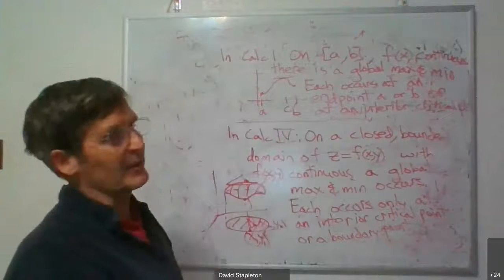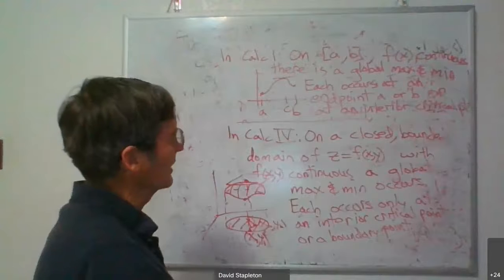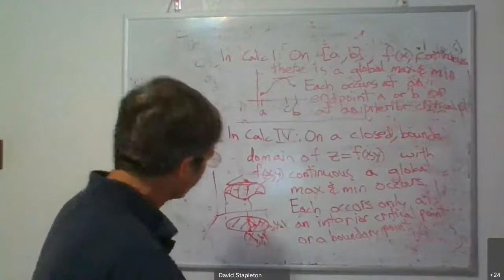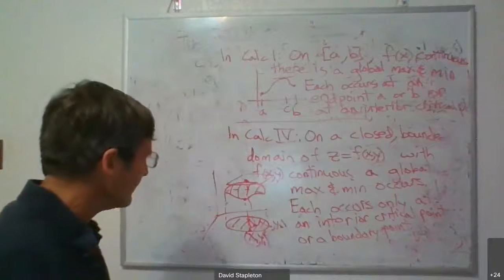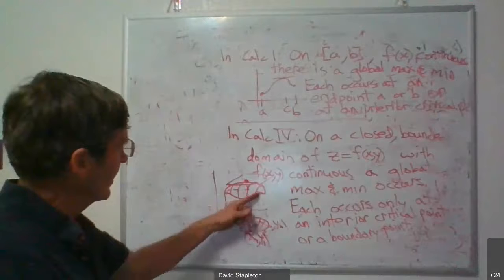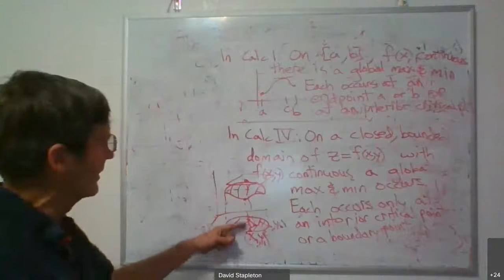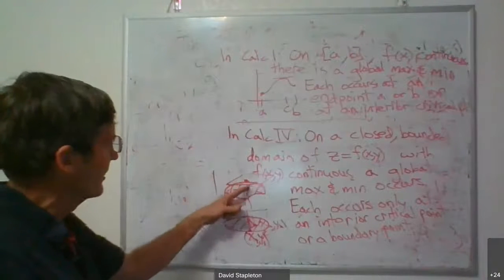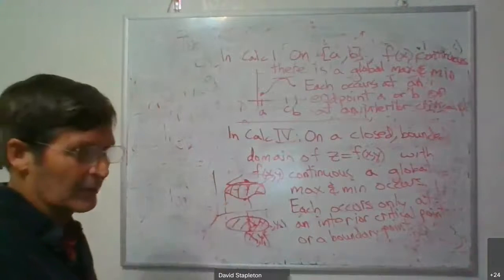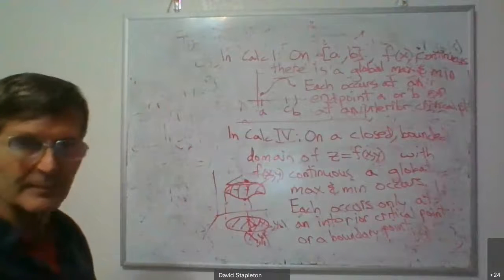Well, it's the same theorem, just analogous at least. I hope this picture helps. It shows you how the minimum here is on the boundary in this case, and the maximum is an interior critical point where it has a horizontal tangent plane.